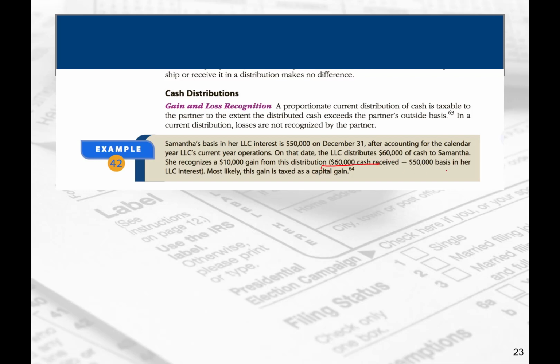Well, now she's got a $10,000 capital gain that she has to take, because in effect she's sold off a share of her share in the partnership at a gain, and they're going to consider that a taxable event. She'll have to pay tax on the $10,000. So typically distributions are not taxable unless they exceed the partner's share in the partnership assets, then that gets taxable.